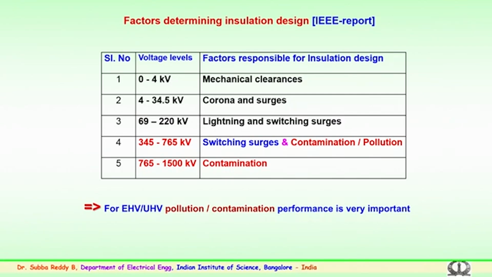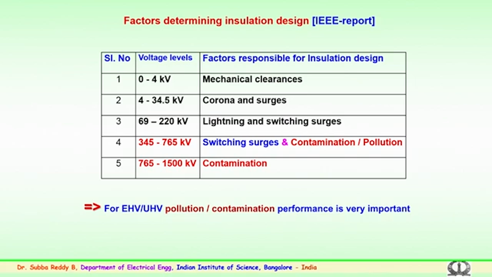So, the design has to take care of lightning and switching over voltages up to 220 kilovolts. Above 220, that is extra high voltage, 400 kV level, and ultra high voltage levels up to 765 kV or 800 kV, apart from lightning, the switching surges and contamination or pollution dominate the insulation design.